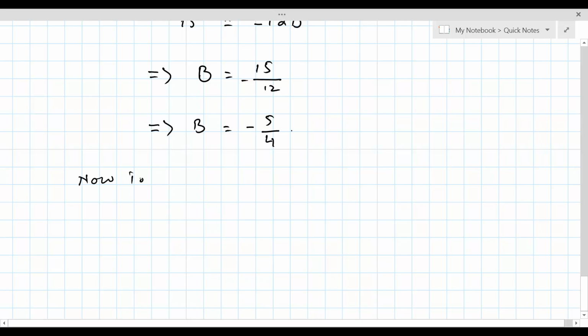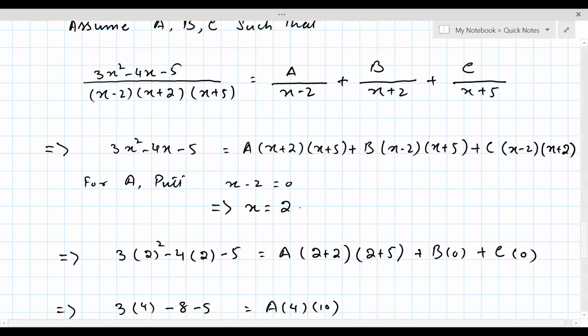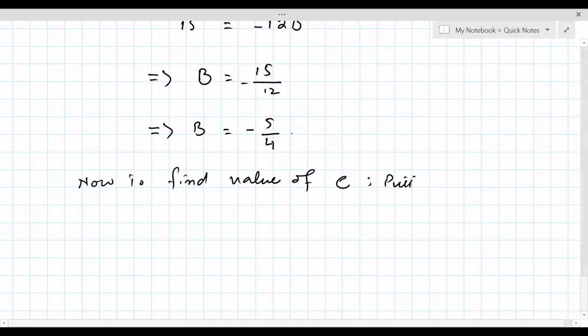Now to find the value of c, this time we are going to put the linear factor just below it equal to 0, and that is x plus 5 equal to 0. This means x is equal to minus 5.